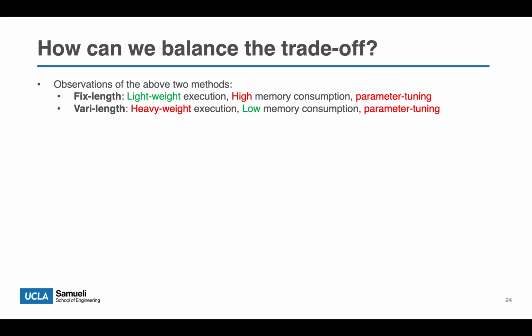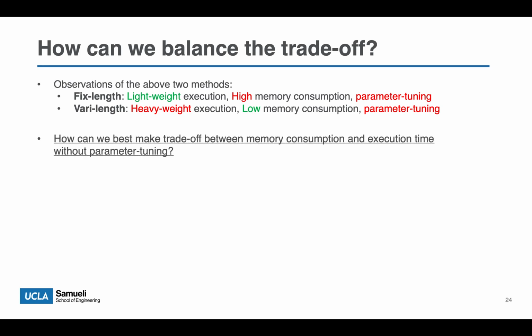But the memory consumption is low because every time the DP will try to find the optimal split. In addition, both methods require an additional parameter tuning process to determine the best size for the buffer. If the size is too small, we will miss the optimal split. If the buffer length is too long, it will incur too much overhead.